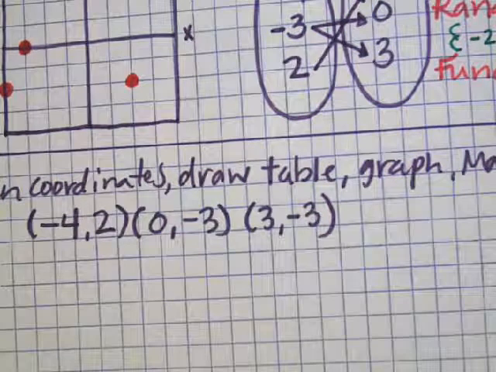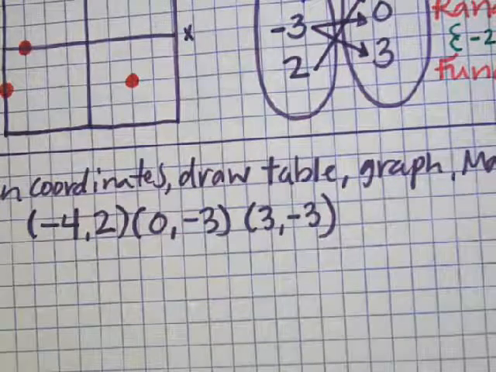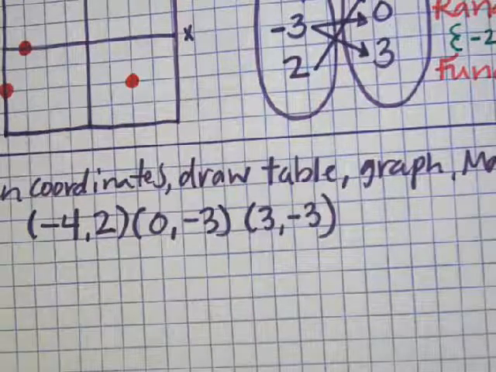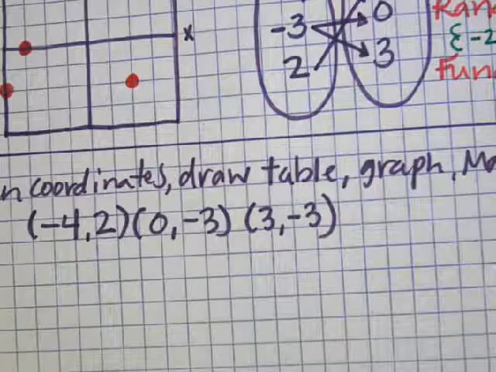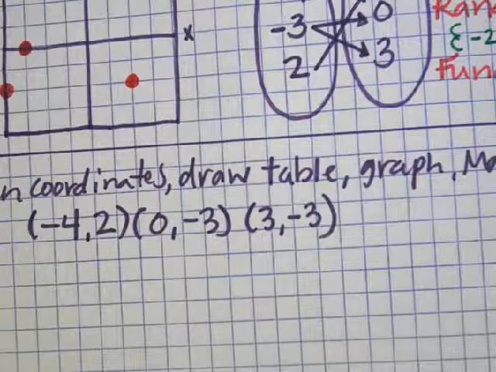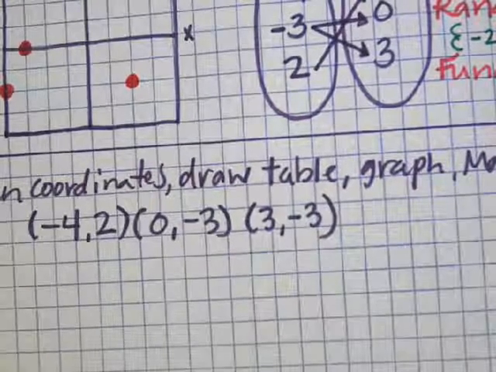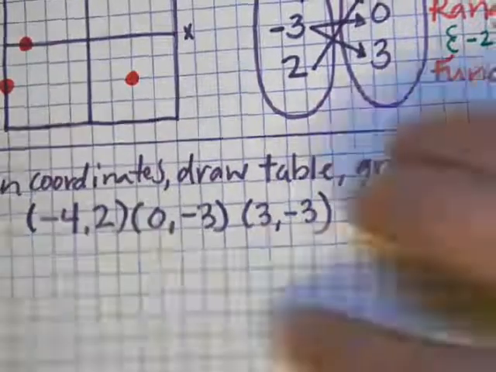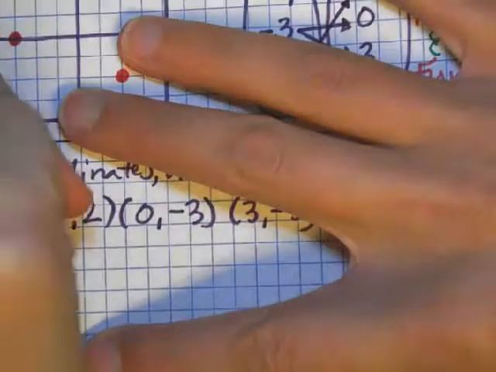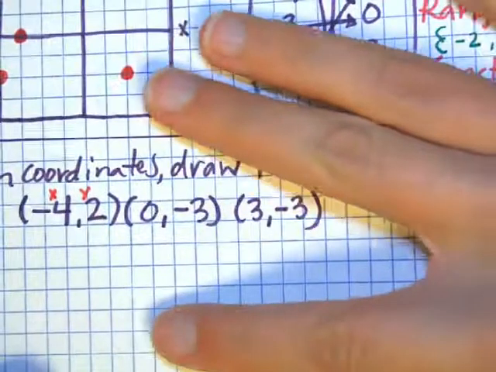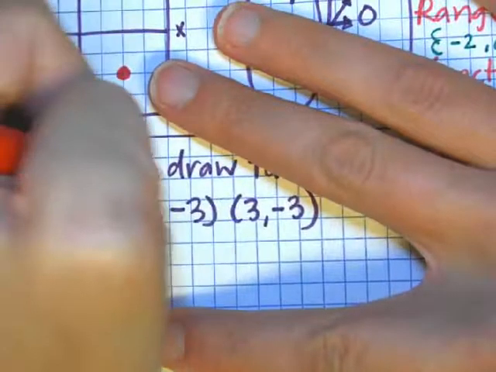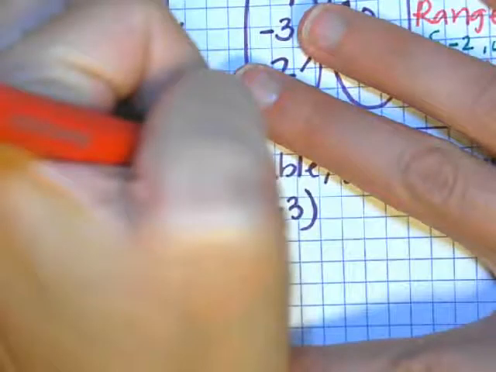It's giving me ordered pairs now, coordinates. And it wants me to make a table out of this. Well, for me to make a table out of this, I got to know which numbers are x and y in the coordinates. Okay, so just like always, x always comes first and then y. Just like the alphabet, x comes first, then y always.